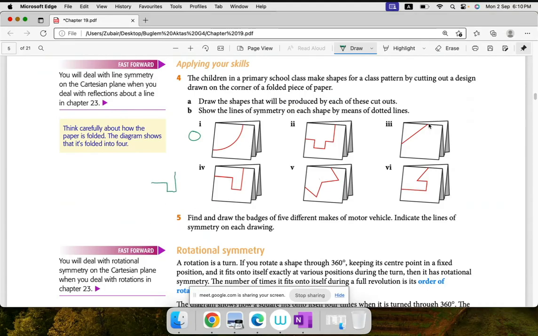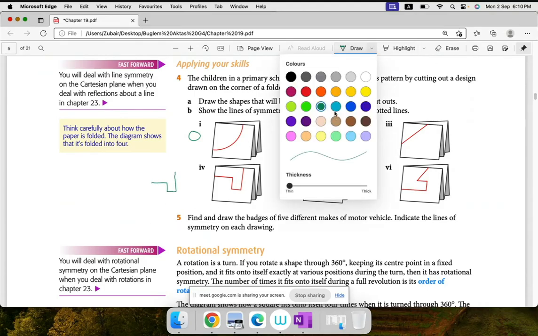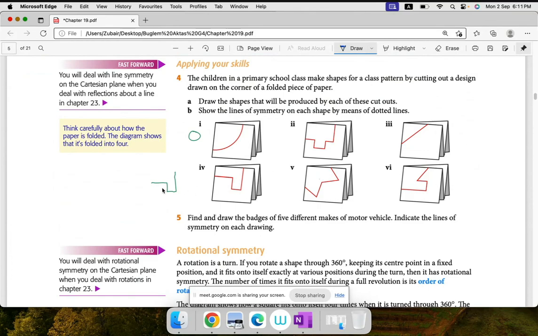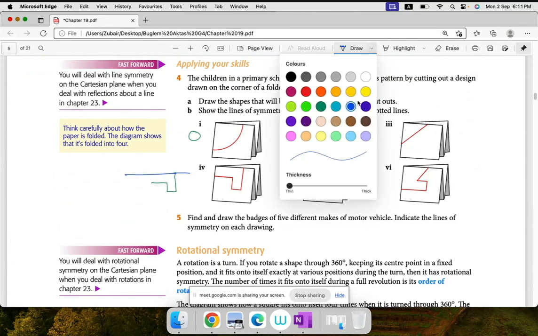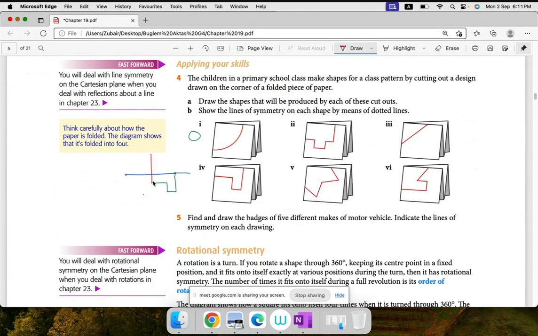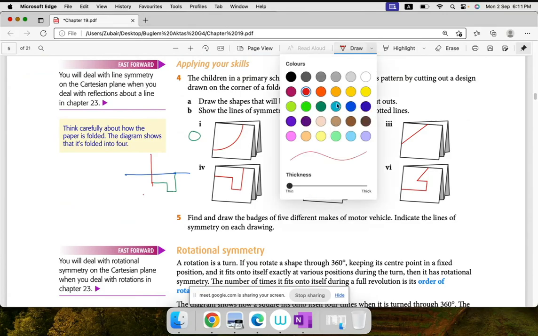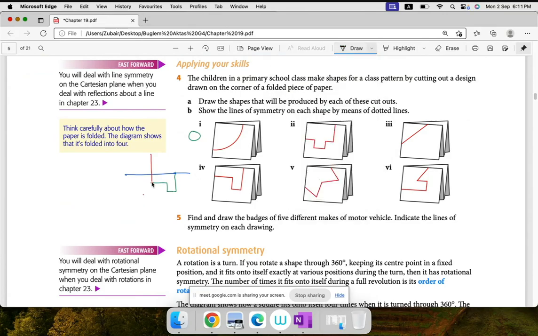See, this is the exact copy paste of the red line, and we actually have two lines of symmetry which are folded. One of which is this blue line, and the other is this red line. So if someone asks you to complete this image, yes, we can do that. And there you go.